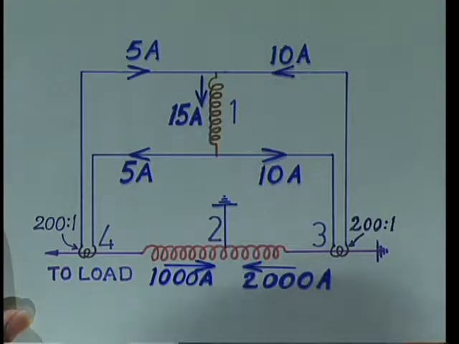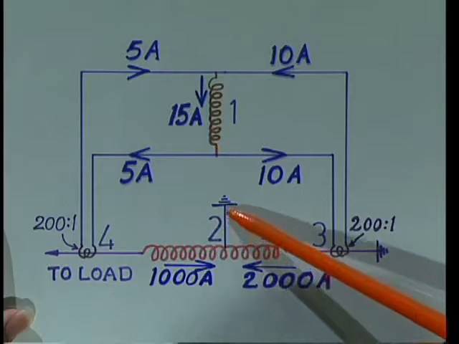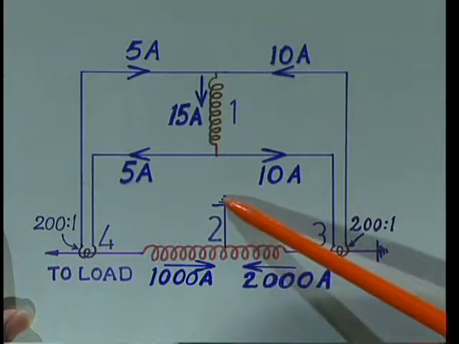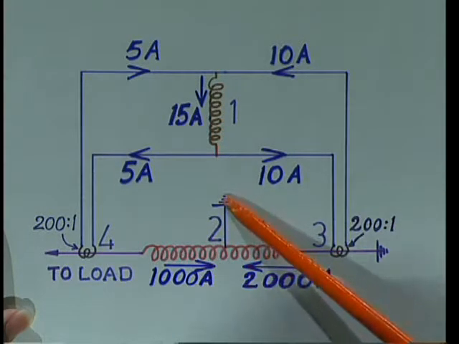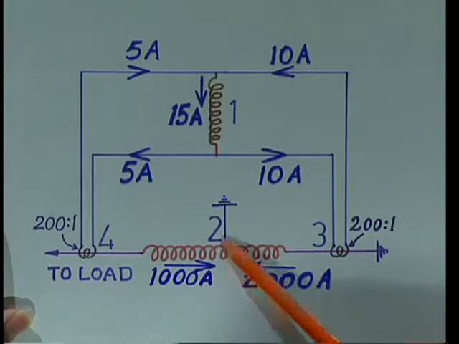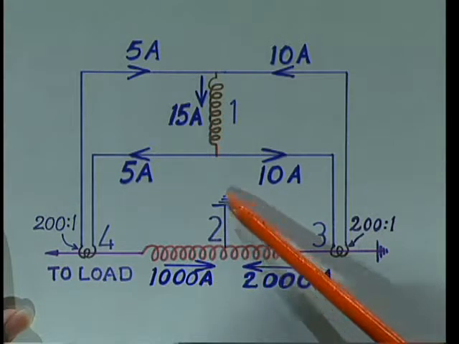Next, the other type of fault is like this. Suppose the fault point of earth is feeding both ways, like this, you see in the picture. So this is the earth fault occurring on the winding. This fault is fed in this way 1000 amperes, in this way 2000 amperes.